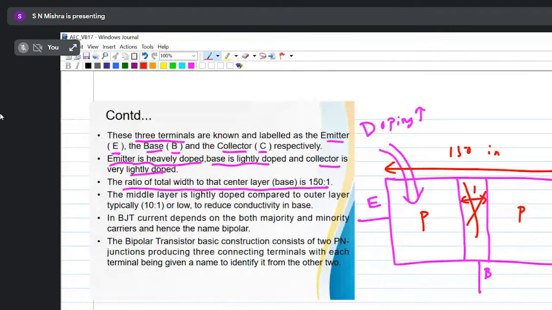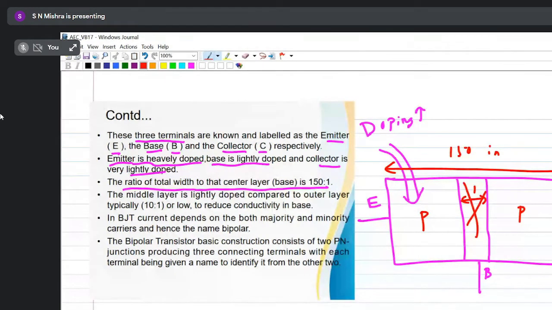The main purpose of a transistor is amplification. Whatever signal you give will be amplified at the output. Suppose I give a 1 volt signal at 50 hertz frequency at the input, and I take a combination of an amplifier using a transistor, then I may get more than 1 volt, maybe 2 volt, 3 volt, 5 volt, depending on the design and the gain of the amplifier.